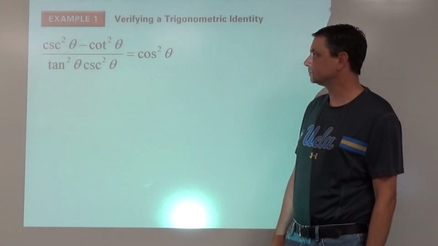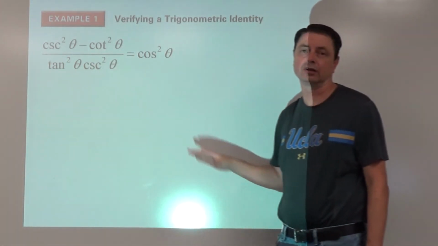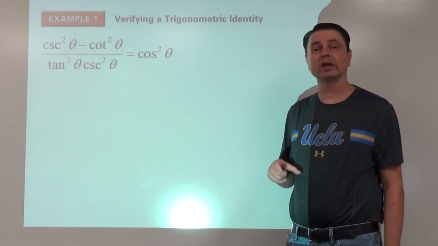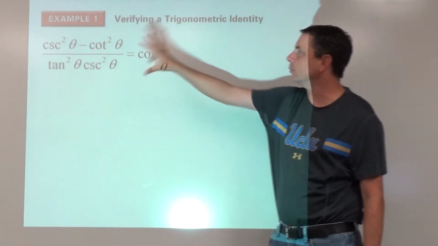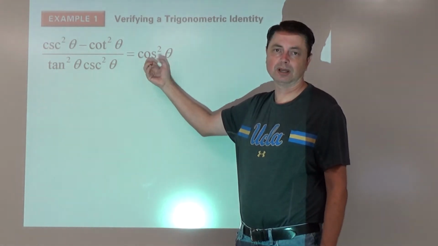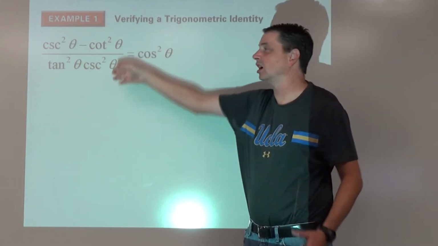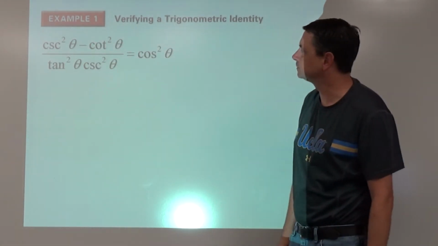That's an identity. To prove it, we're going to work on one side until it matches the other. And typically we want to work on the more complicated side. It's easier to take something complicated and simplify rather than to take something simple and expand it and make it more complicated. So we're definitely going to choose to work on the left side here.